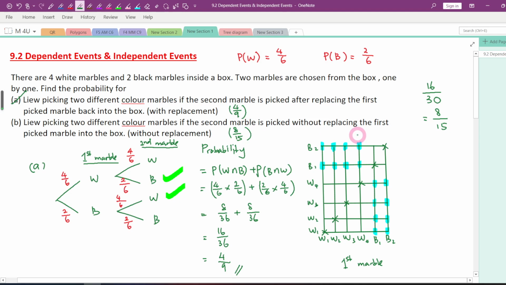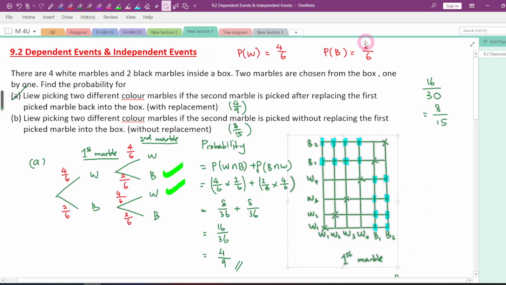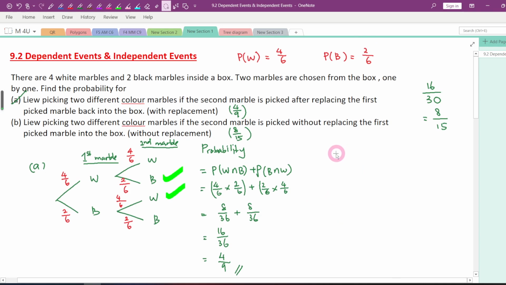So if you want to use a tree diagram to help us get the answer, can we get exactly the same answer? Yes. Let me show you here. Let me draw another tree diagram for you. The tree diagram will be the same as this one, but the way we fill in all the probabilities here will be slightly different because this is without replacement. White, black. White, black.